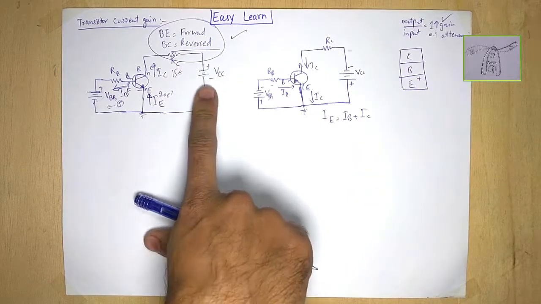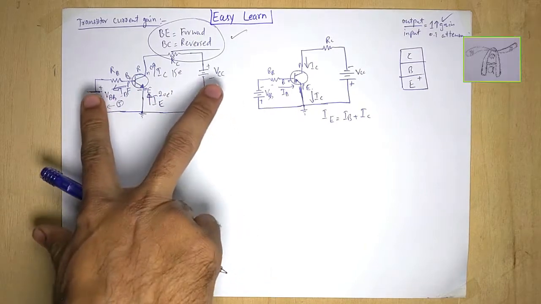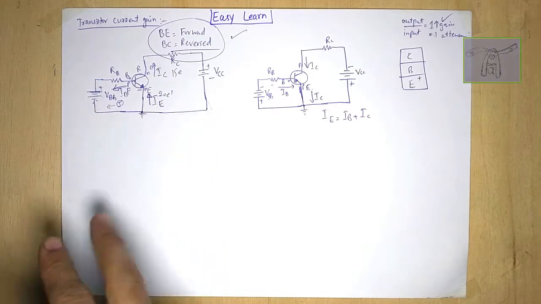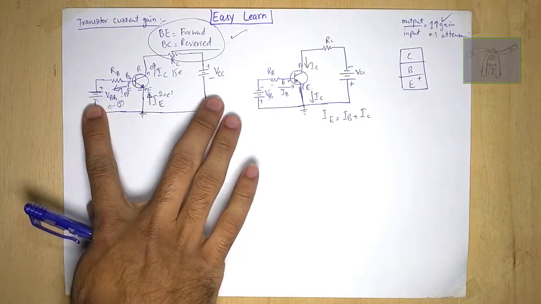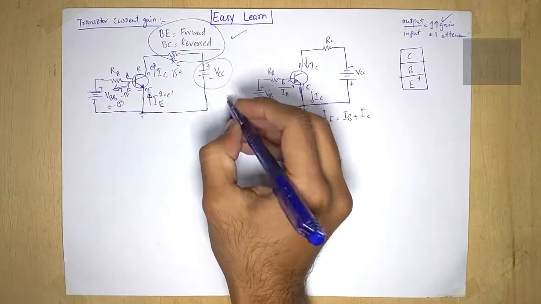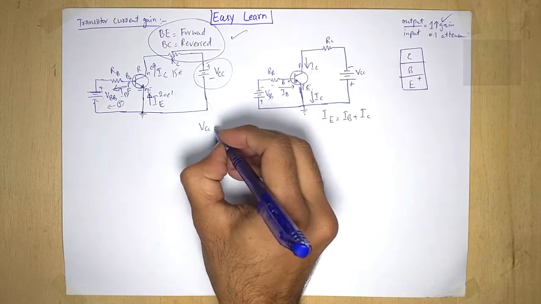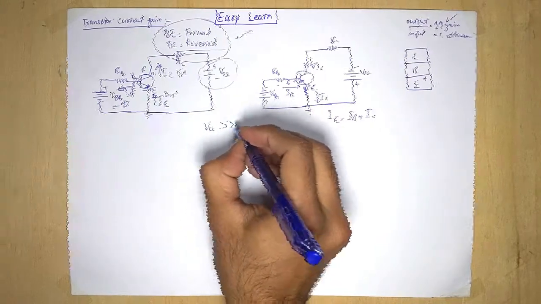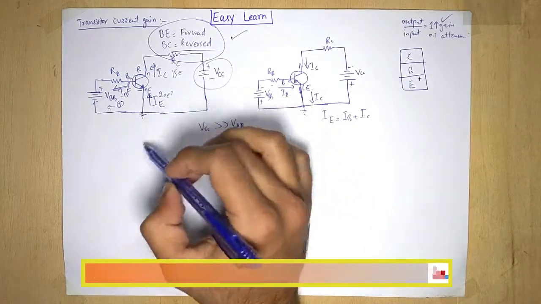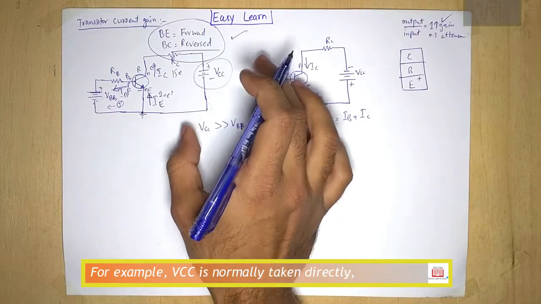I use two separate batteries to power this, but you can also power this circuit with a single battery. Most of the time in some books I have seen that they power this circuit with a single battery. For example, this VCC is much greater than VBB, and in practical cases the two batteries are not connected separately; most of the time we use a single battery.